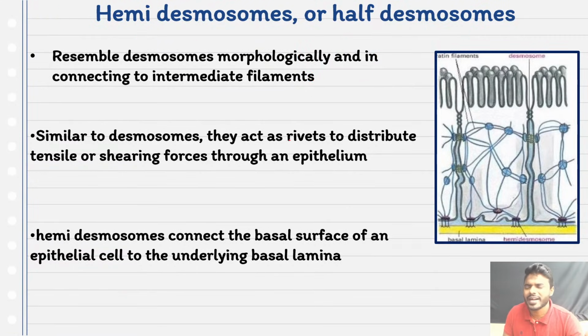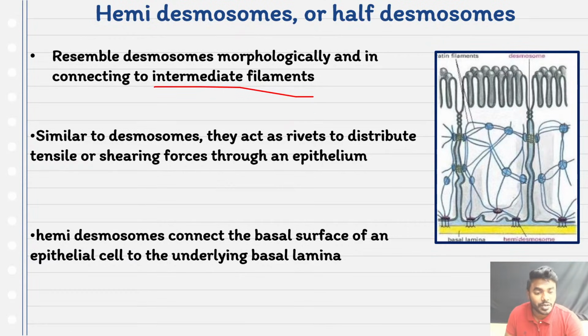Desmosomes are also connecting the intermediate filaments of one cell to another cell. The hemidesmosomes are also connecting the intermediate filaments only, friends. There is no doubt about it. But they are connecting the intermediate filaments of one cell not to the other cell, but to the matrix.